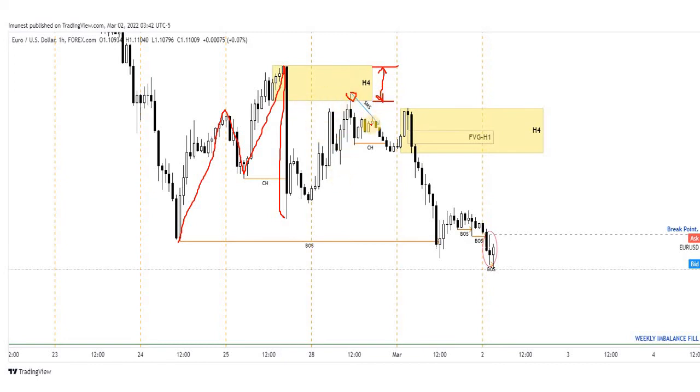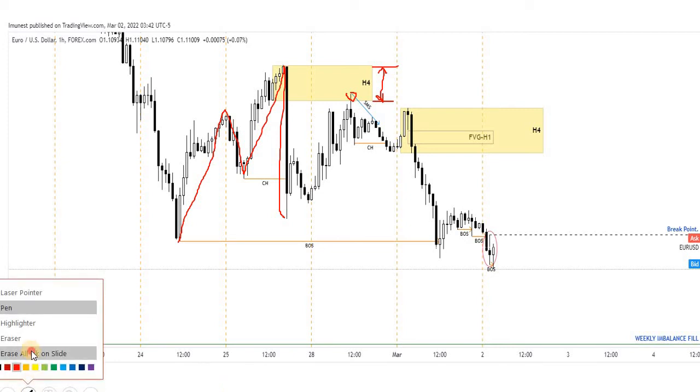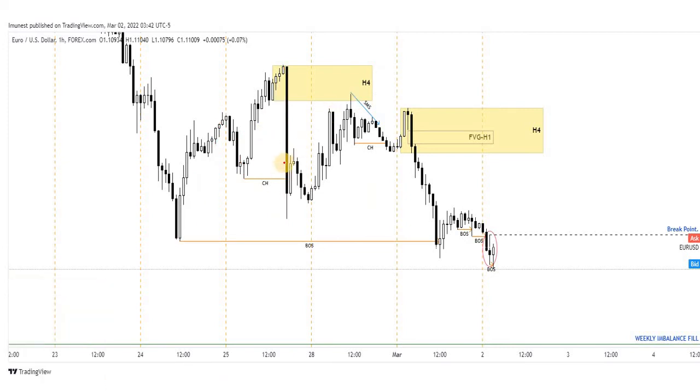That's where you call for confirmation entry. You scale down to the lower time frame, and as you can see, after this change of character, the next thing we start to look for is a change of character of this move as well. So we have this high, low, higher high, higher low, higher high, higher low, higher high, higher low.